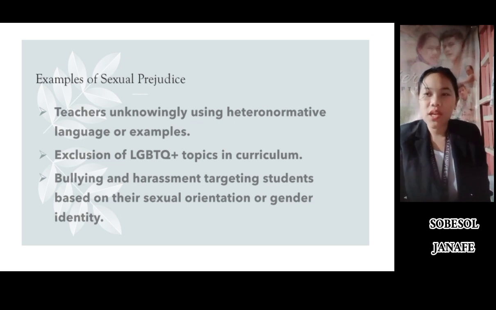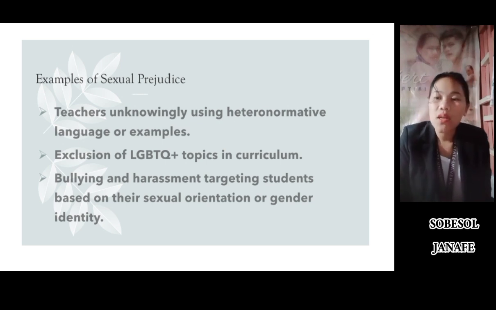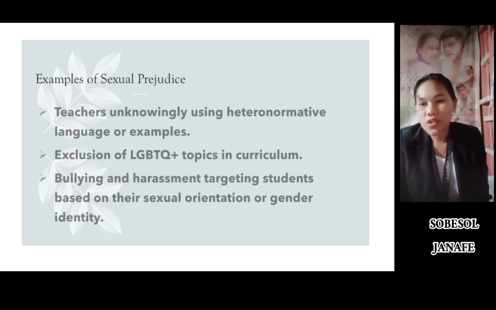Another example of sexual prejudice: teachers unknowingly using heteronormative language or examples, exclusion of LGBTQ plus topics in the curriculum, and bullying and harassment targeting students based on their sexual orientation or gender identity. So, sexual prejudice refers to negative attitudes, discrimination, or bias against individuals based on their sexual orientation or gender identity.